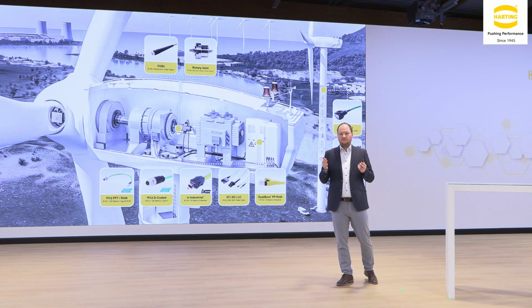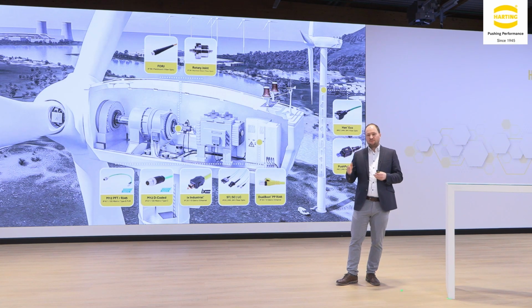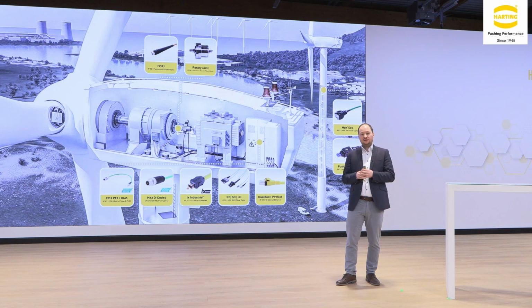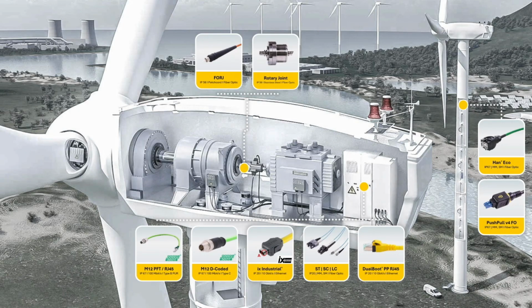Yeah, thank you, Alex. Very nice to see that we don't have only small Ethernet connectors, but even big ones with interesting fiber optic solutions inside. As he said, we have to bring the Ethernet transmission from the ground up to the nacelle, for example into the rotating area, to cover the sensor data of the rotor blades, of the orientation, and so on.